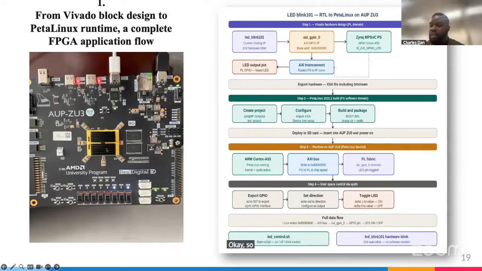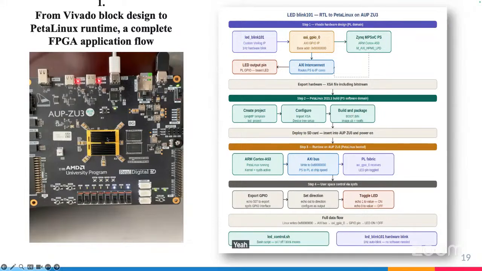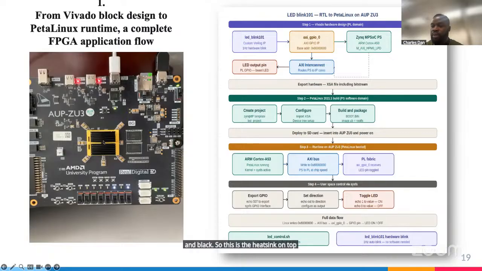Okay, so if you can see the chip right here with the yellow and black, there's the heat sink on top of the chip, just to be able to preserve the heat, for dissipation. So this is an MPSoC. We have an SoC just like the Zynq 7000 series.